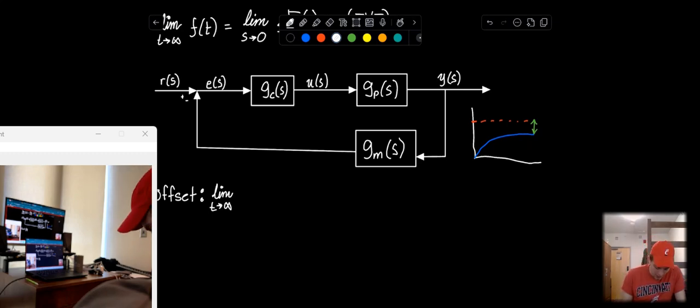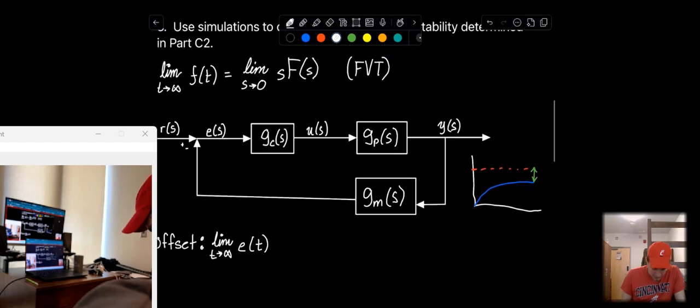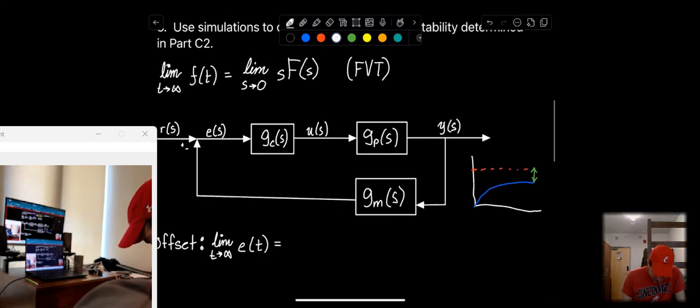Of what? Our error function. And since we're in t, we have to make that a function of time. Well, according to the final value theorem, that will simply be the limit as s approaches 0 of s e of s.